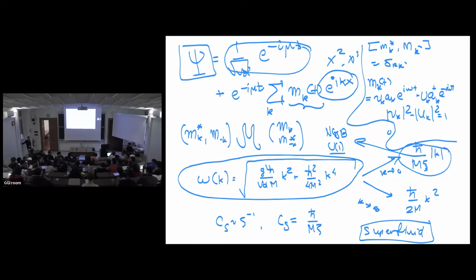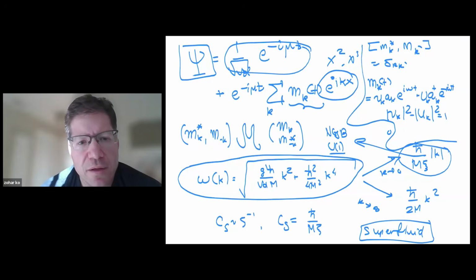I just wanted to ask if you could explain again what is the explanation behind having this linear dispersion relation? Well, if you do the exercise that I gave you, you would see that if you expand the action around the classical solution and you solve for the frequencies, you'll get the square root formula that I wrote.